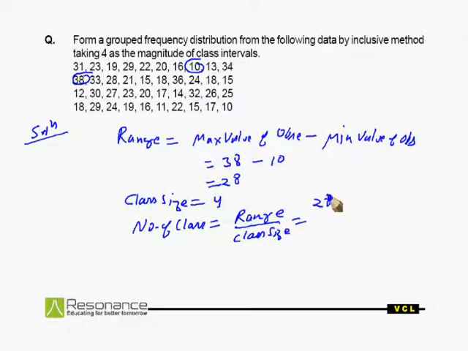The range is 28 and the class size is 4. So the number of classes is 28 upon 4, that is 7. So there are a total of 7 classes of class size 4.